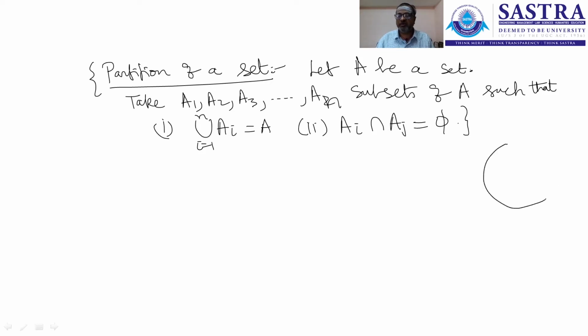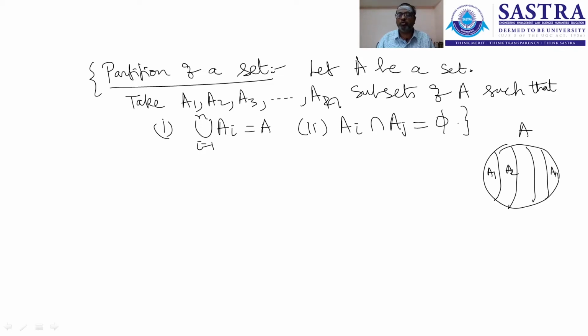In this case, this is the set A. You will have a partition like this. This would be A1, this would be A2, this would be AN. Pairwise, they are disjoint.